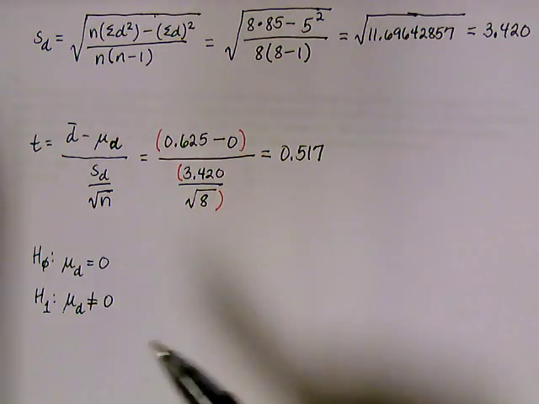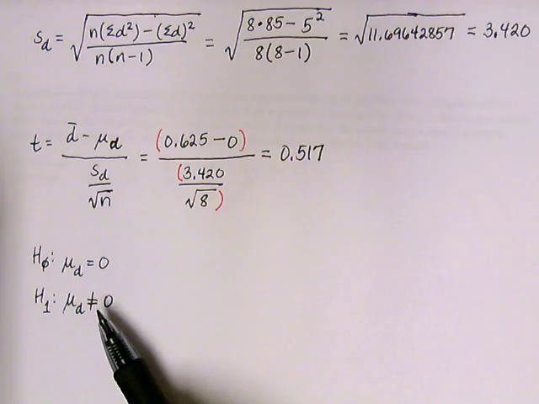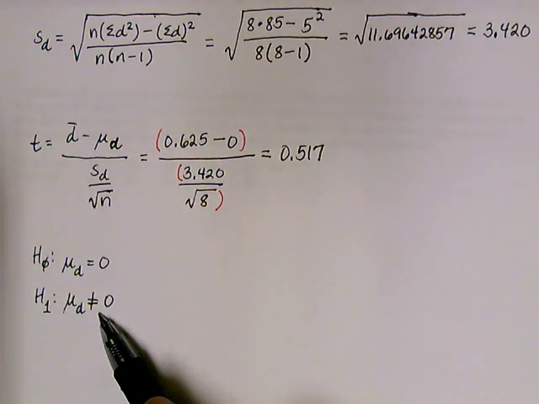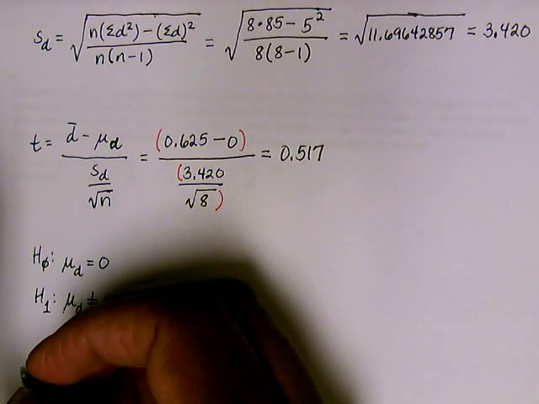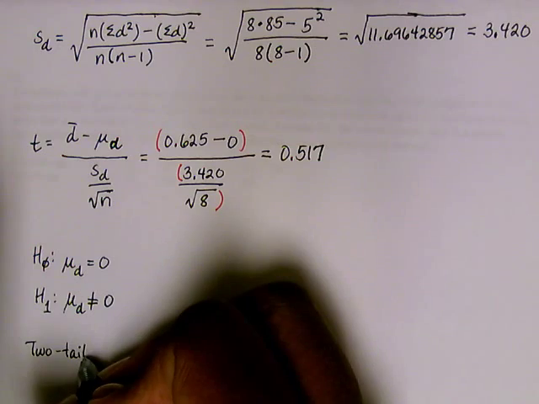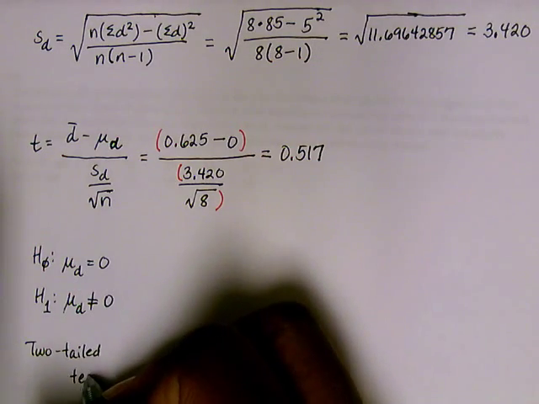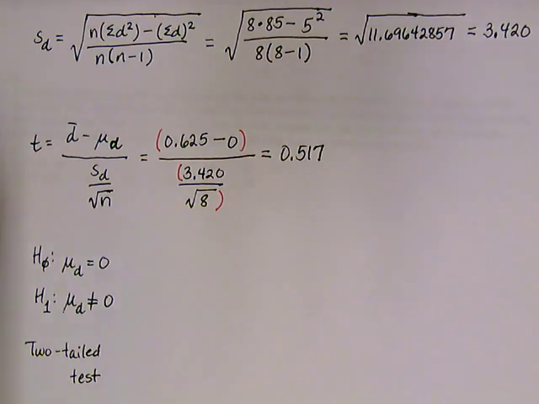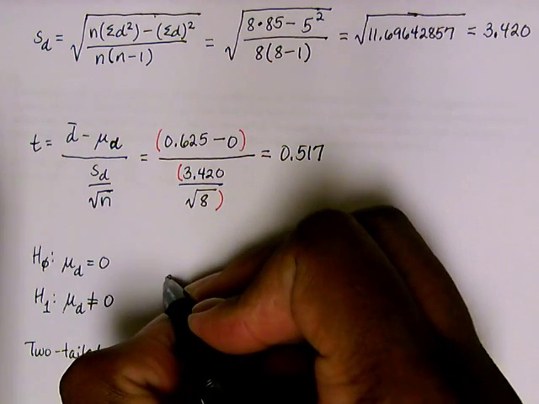I wrote this because I want to find out what type of test I'm going to have, and I have to look at the alternative hypothesis to determine that. Since it's not equal to, I have a two-tailed test. Had that been less than or greater than, I would have a one-tailed test. But in this case, for not equal to, it is a two-tailed test.